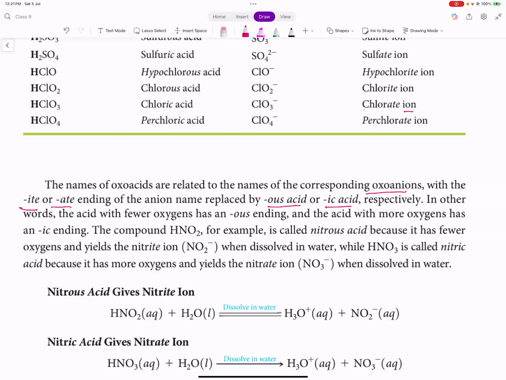The acid with fewer oxygen has an ous ending, and the acid with more oxygen has an ic ending. For example, HNO2 is called nitrous acid because it has fewer oxygen, and it gives nitrite ion, while HNO3 is called nitric acid because it has more oxygen, and it is going to give NO3 minus, which we call nitrate ion. So this is the equation.